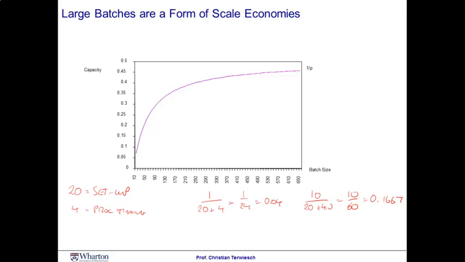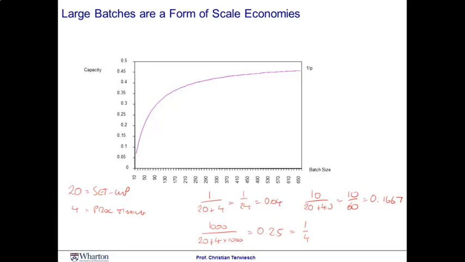Imagine somebody's buying like 1,000 shirts. How long will that take us? Well, we're going to get 1,000 shirts, and it will take us 20 minutes for setup plus 4,000 minutes of production. This number is amazingly close to 0.25, which is simply 1 over the processing time.